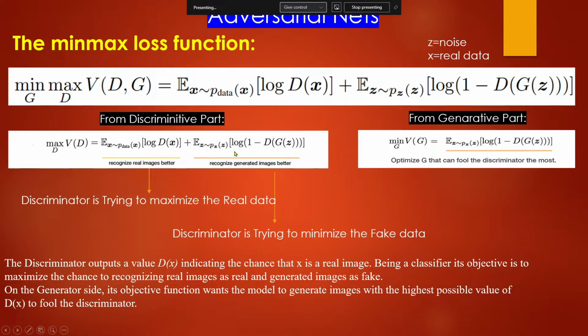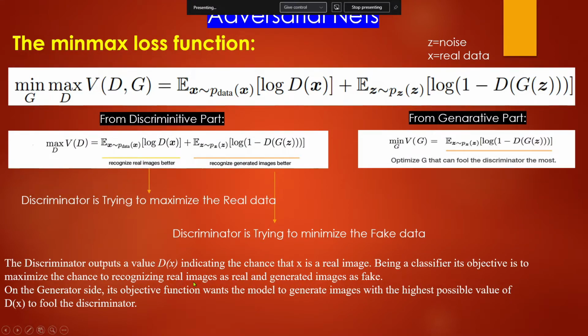From the generative part, as I said, it will keep generating fake data until it comes close to the real one. So this equation is only for the fake data. Okay, done. So the discriminator outputs a value D(x), indicating the chance that x is a real image. Being a classifier, its objective is to maximize the chance of recognizing real images.